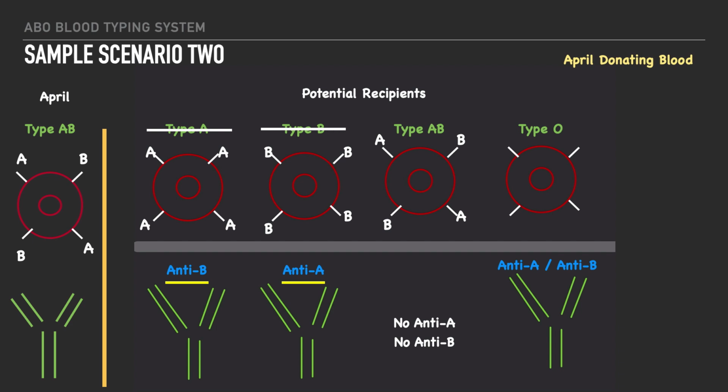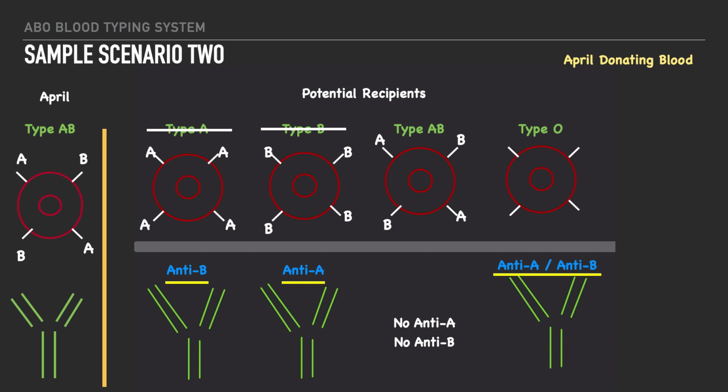And as we've alluded to before, someone with type AB blood can receive blood from someone that has type AB blood. And April indeed has type AB blood. Now, last on our list is type O, and this individual has anti-A and anti-B antibodies. And so their immune system would attack any blood cell that has an A or B antigen on its surface.